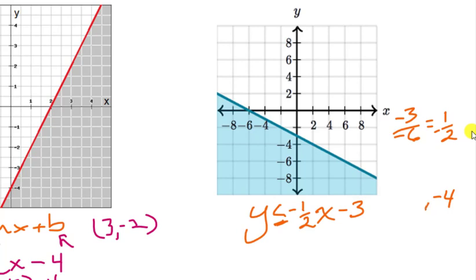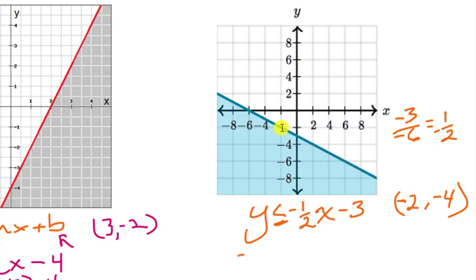And for my x value, I can pick the one that's right on the line, because if it's right on the line, we already said that it was equal to. So that means it includes the ones that are right on the line. And right on the line here, I would have -2. So for my x value, -2. So let's plug those in.